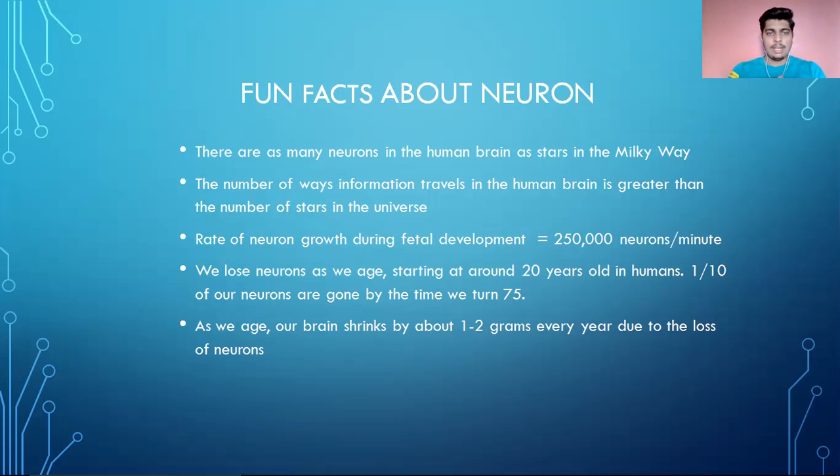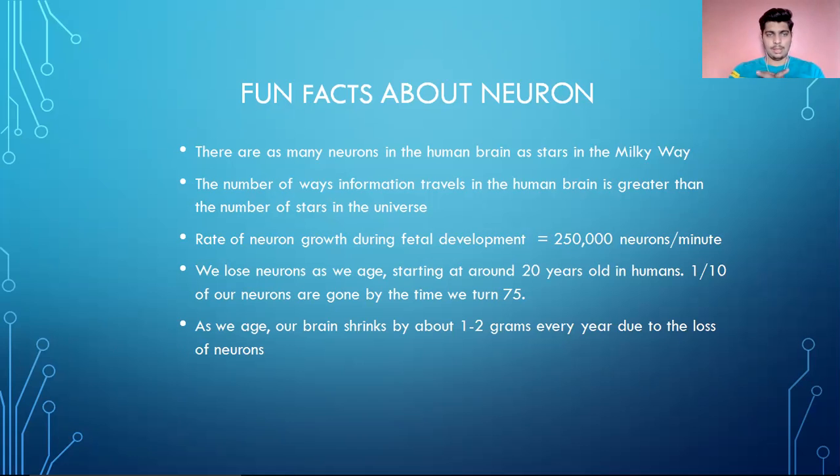Now, the rate of neuron growth during fetal development equals 250,000 neurons per minute. So at a very early stage before your birth, the rate of neuron growth is 250,000 neurons per minute. How cool is that? It's such a big number, and it's developed in a minute only.